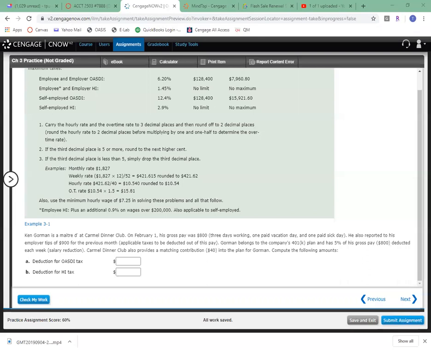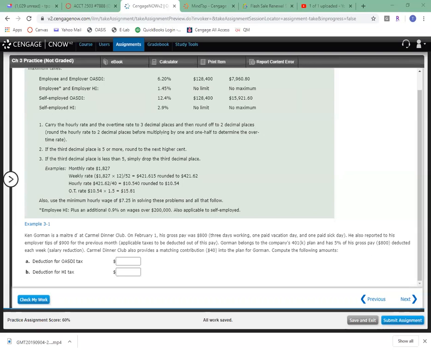But his total gross pay of $800 is taxable, as well as the tips that he's reported. We learned that from the last example. So really the only question is, what about this contribution he's making? Is it tax deferred? What's the situation here? And what about the matching contribution?